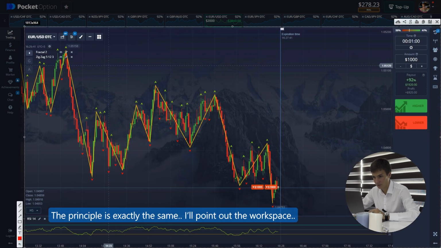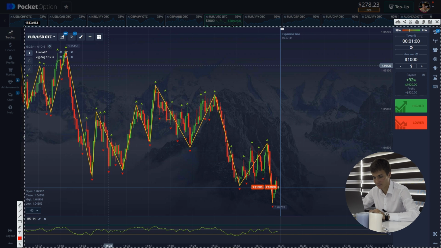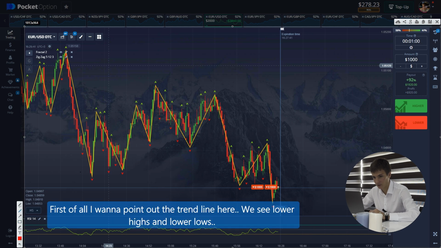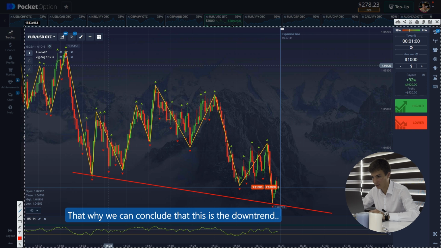I'll point out the workspace. First of all, I want to point out the trend line here. We see lower highs and lower lows. That's why we can conclude that it's a downtrend.